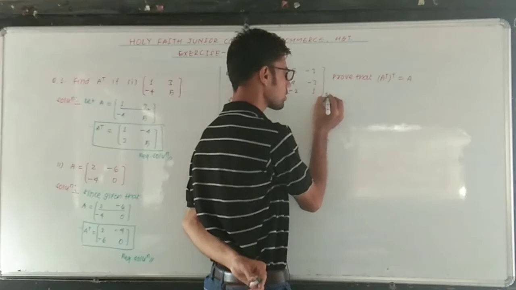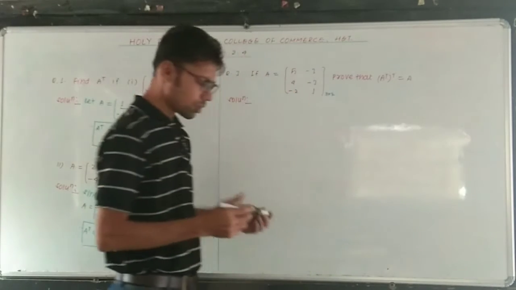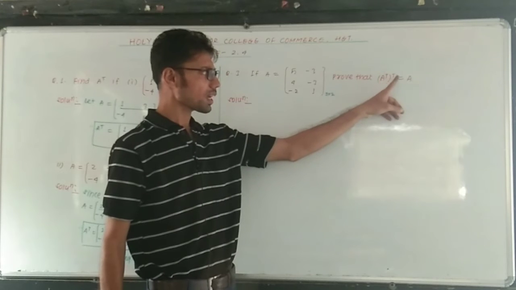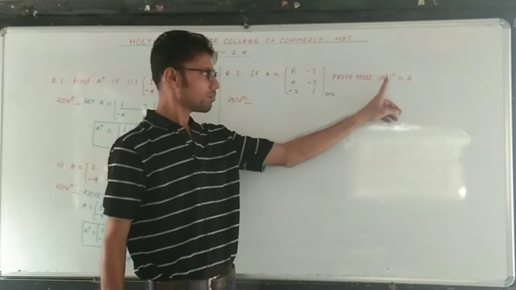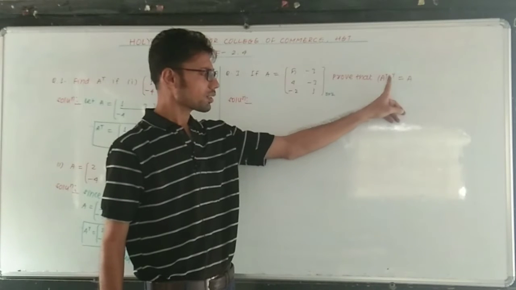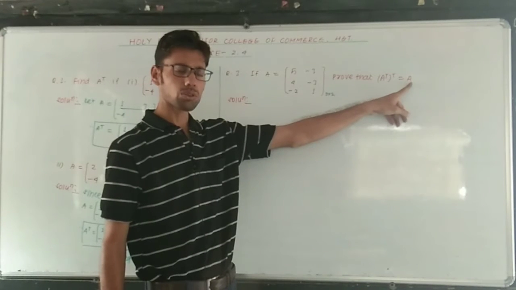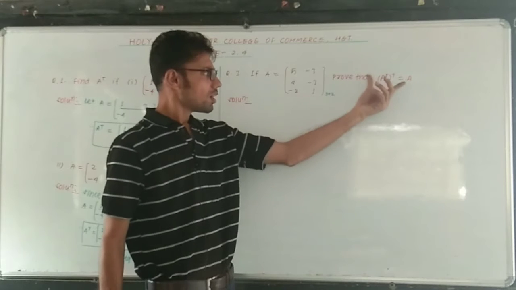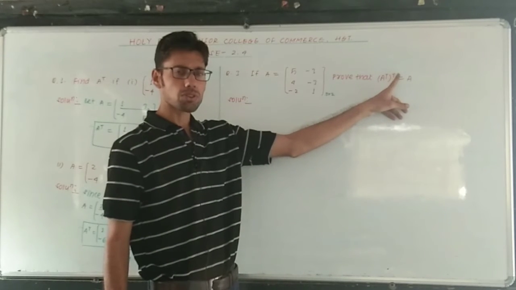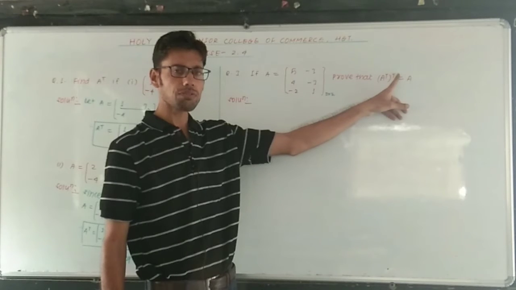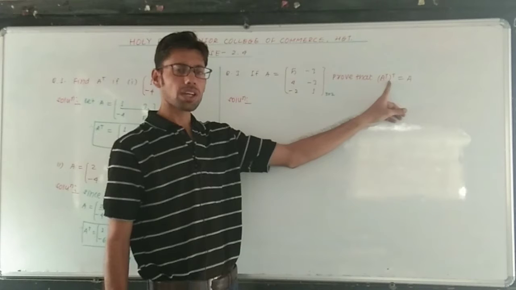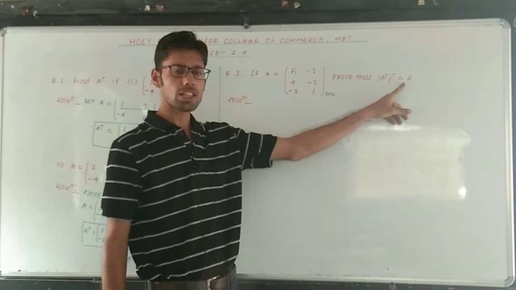We have to find the transpose of A whole transpose, and we have to prove that the transpose of A whole transpose is equal to capital A matrix. For finding it, we first find the value of the transpose of A. After finding the transpose of A, we take its whole transpose.